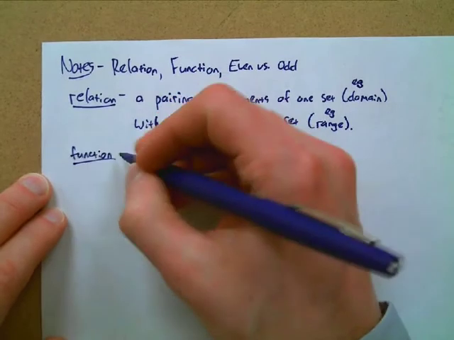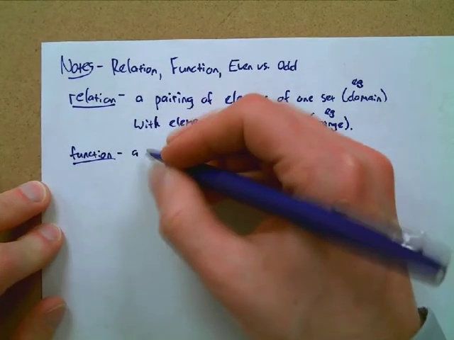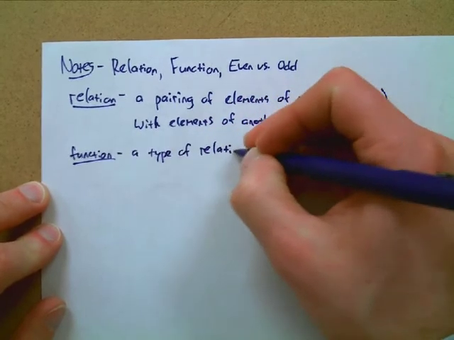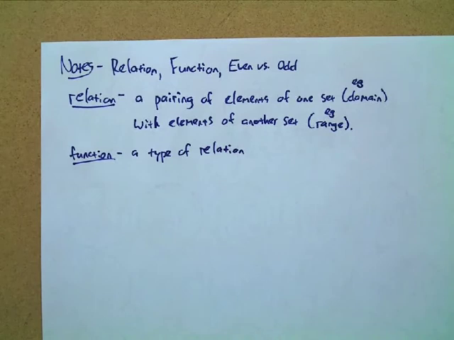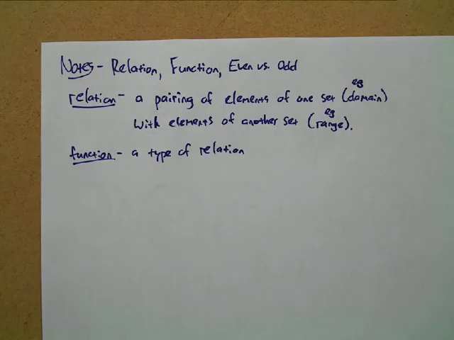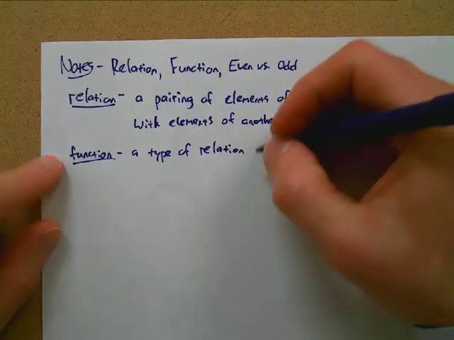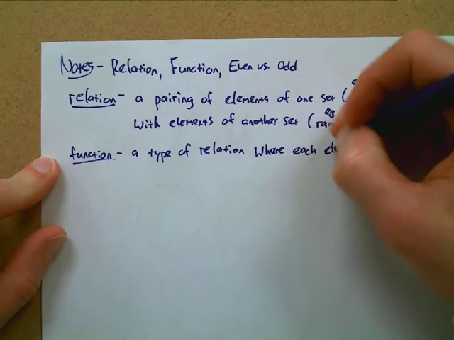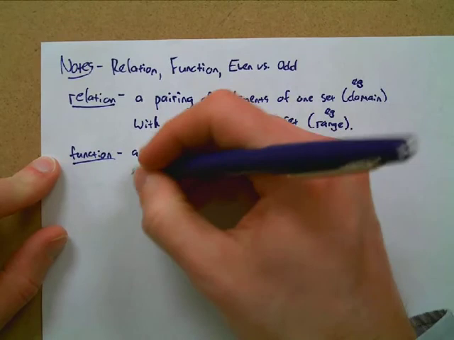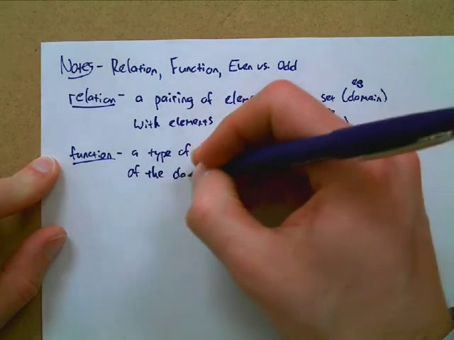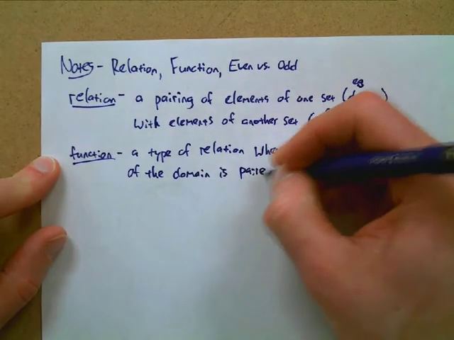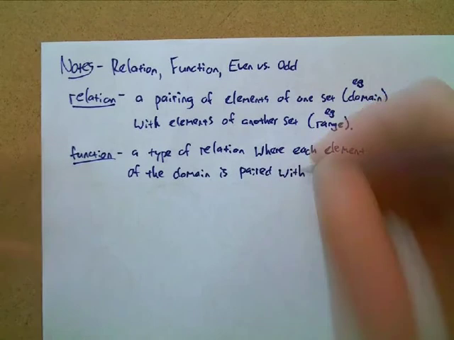So a function is a type of relation. It's a more specific kind of relation. Every function is a relation, but not every relation is a function. So a function is a type of relation where each element of the domain is paired with how many elements of the range?